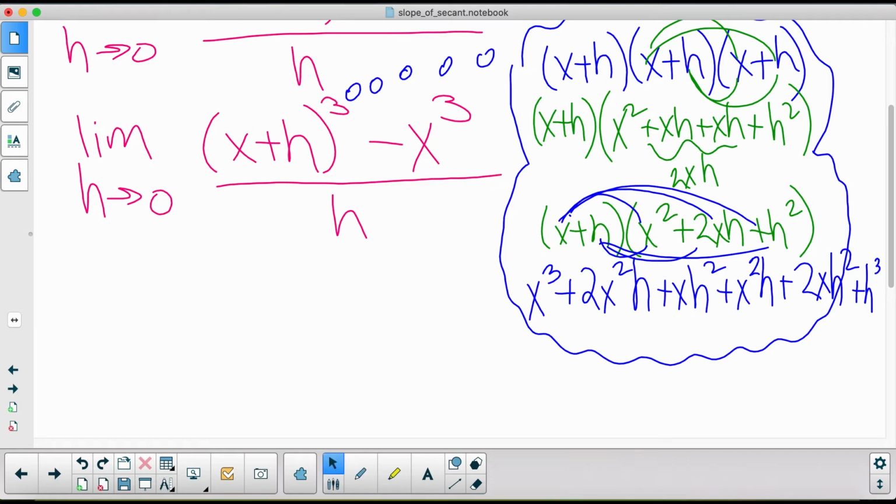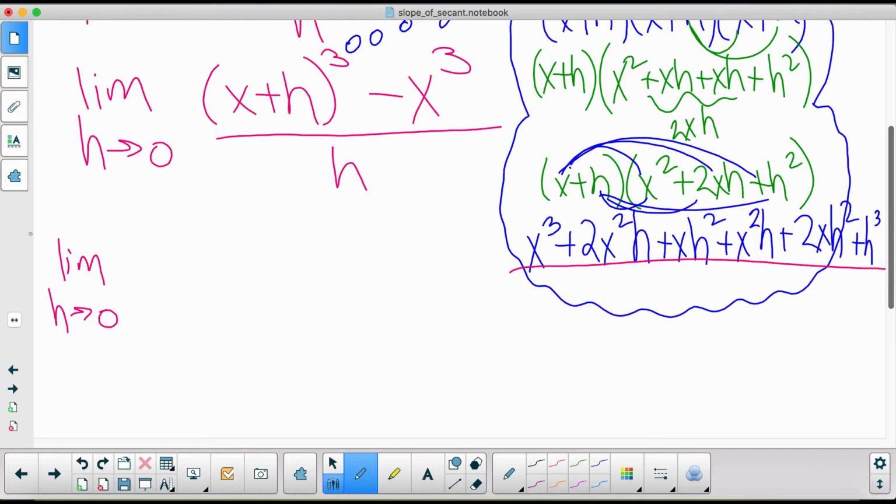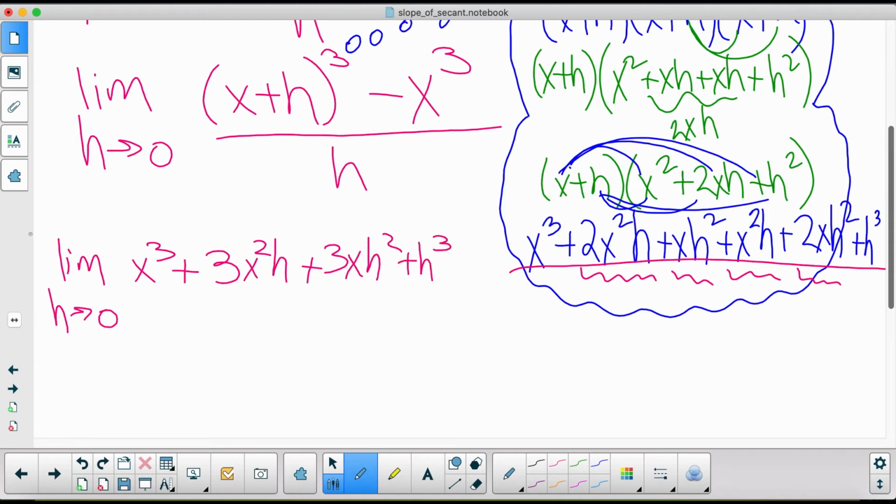I'm going to put this whole line here into my limit. So we've got the limit as h goes to 0 of x cubed plus, now I can take this guy, and we have 3x squared h plus, now my xh squared in that one, so plus 3xh squared plus h cubed, right, minus x cubed.